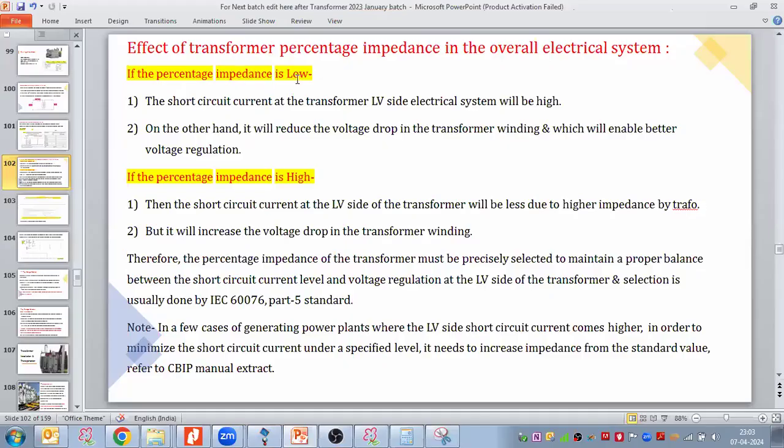If the percentage impedance is low, the short circuit current at the transformer LV side electrical system will be high.